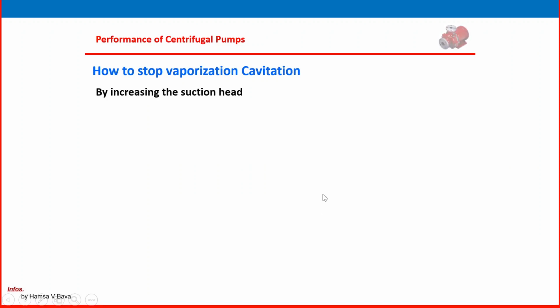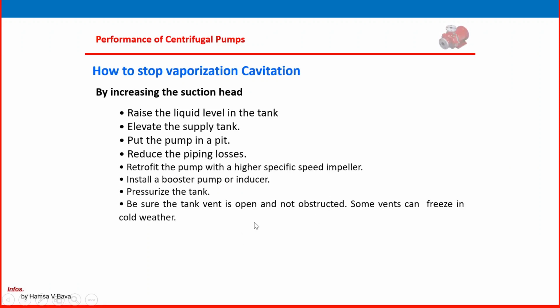There are a number of methods, starting with increasing the suction head. In that one: raise the liquid level in the tank, elevate the supply tank, put the pump in a pit, reduce the piping losses, retrofit the pump with a higher specific speed impeller, install a booster pump or inducer, pressurize the tank, and be sure the tank vent is open and not obstructed.